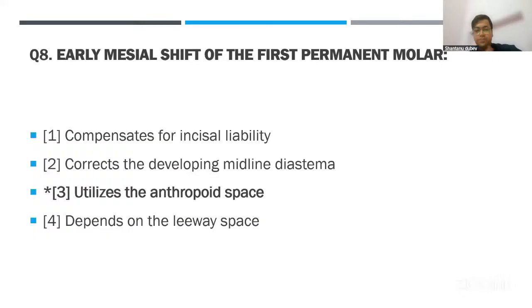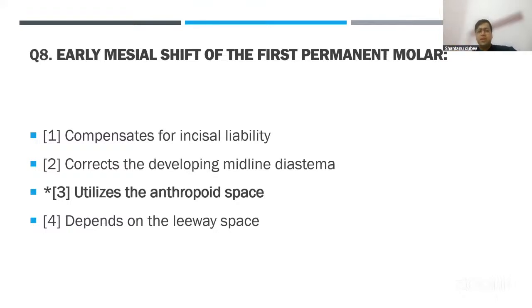Remember the logic. Now, leeway space is basically the difference in the mesiodistal dimension of C, D, E and their successors, canine, first premolar, and second premolar. So obviously, we know that canines and premolars erupt in the second transitional stage, much later than the eruption of the first molar.